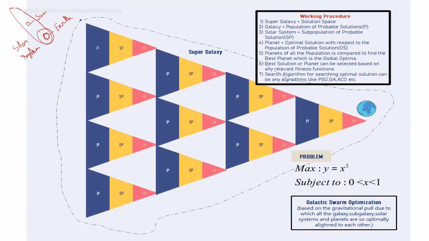Now this solar system is again located under the Milky Way galaxy, correct? And this Milky Way galaxy is located under a super galaxy known as the Virgo supercluster.